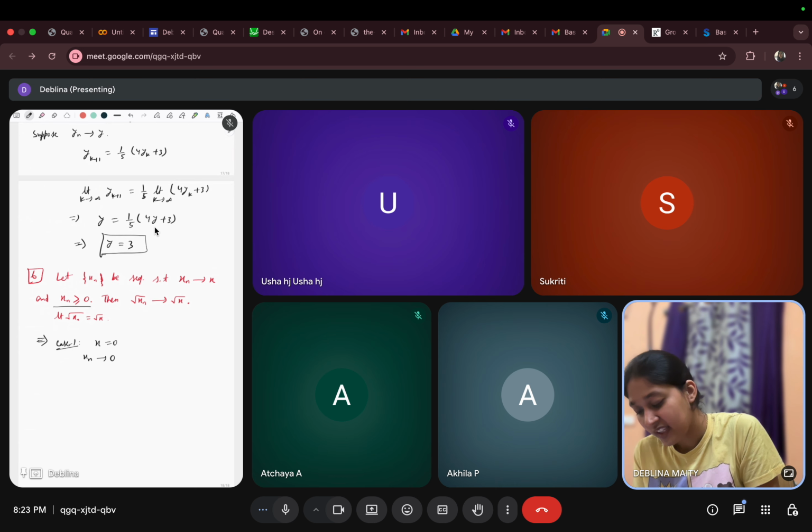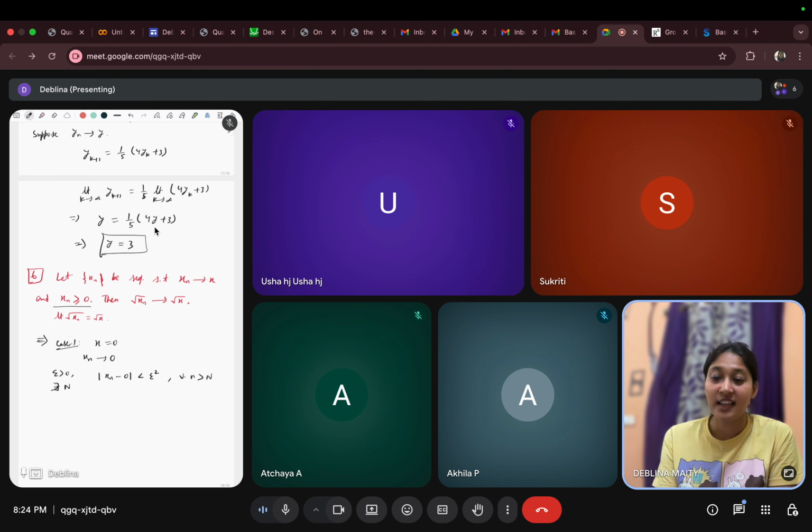That means what? For a given epsilon greater than 0, there exists some natural number N such that |xn minus 0| is less than epsilon squared for all n greater than N. I am writing epsilon squared because next I will write root over xn.